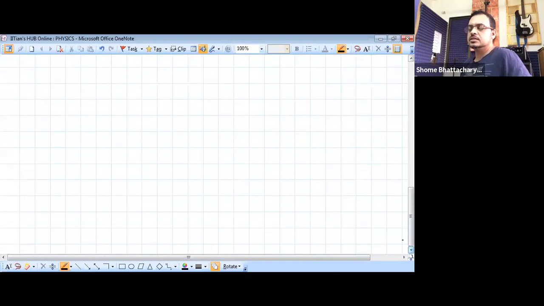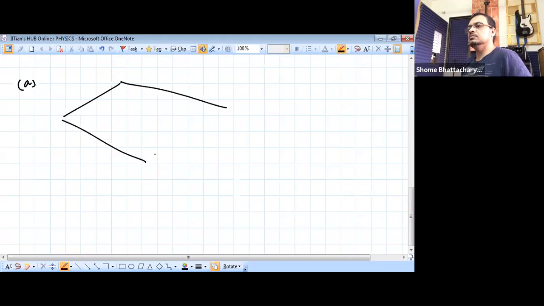Now in the second case, in the A part of the question, we are applying the forces like this. We are applying two forces of F naught each in magnitude, but perpendicular to each other. On this block, you can see we are applying two forces of magnitude F naught each, but perpendicular to each other.